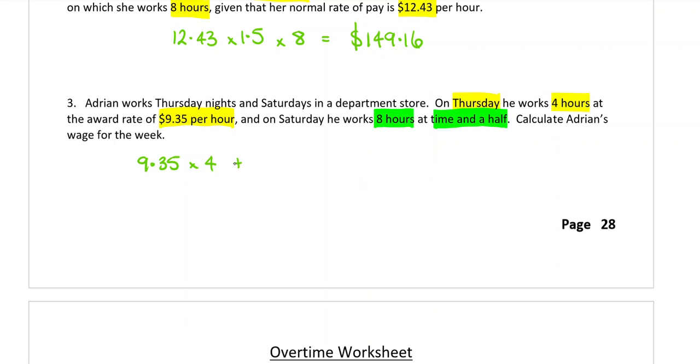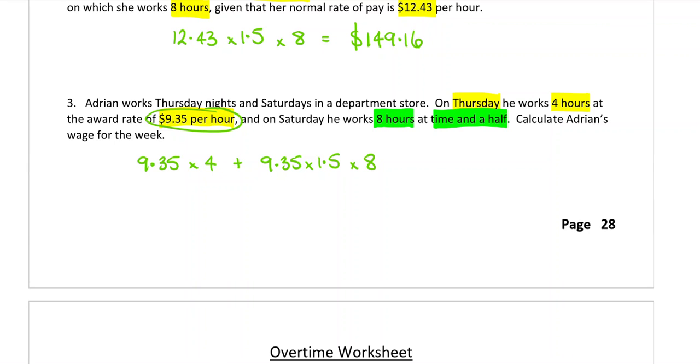Now I'm going on to Saturday, which is the green one. So he will still use the $9.35 because that's the base pay, but it will be at time and a half. So I will times that by 1.5 for his hourly rate of pay on Saturday. And he does this for 8 hours, so times it by 8.